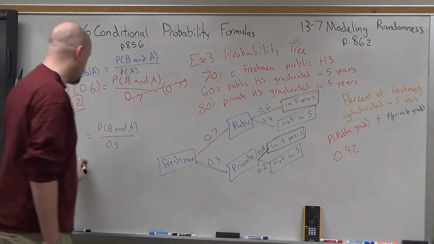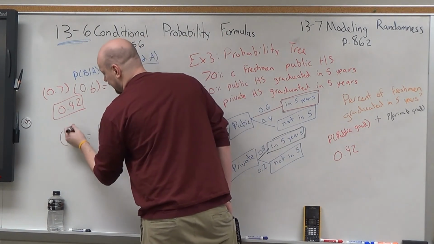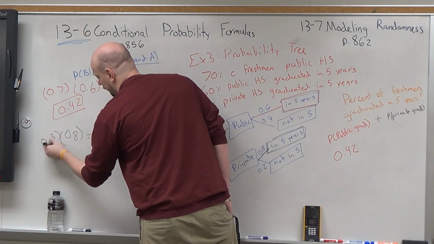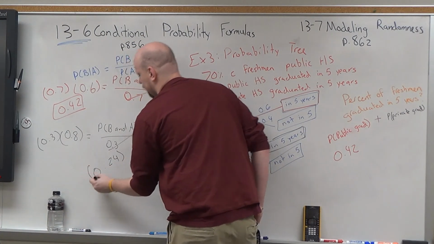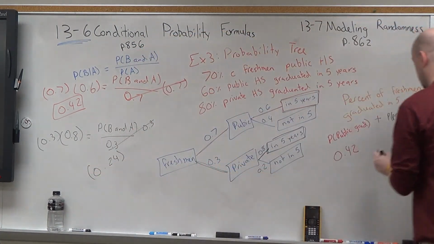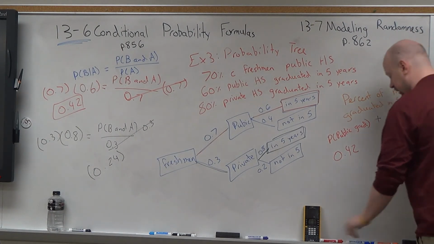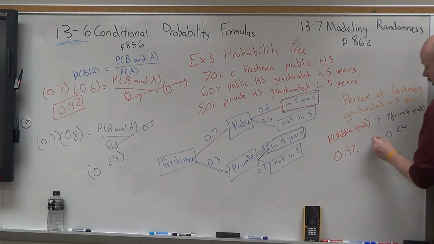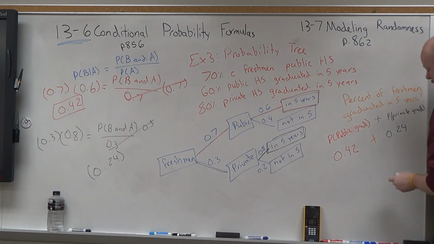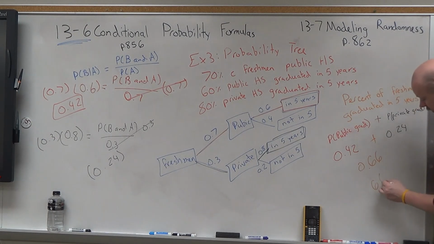Multiplying by 0.3 to each side. So I get 0.8 times 0.3, which would be 0.24. And then of course I can just add those values together. So 0.42 plus 0.24 would be 0.66 or 66%.